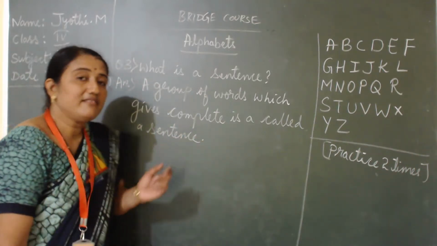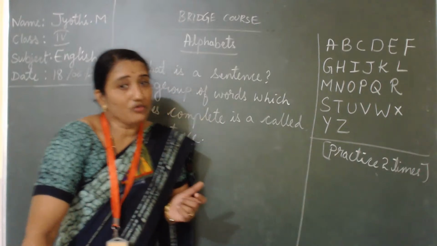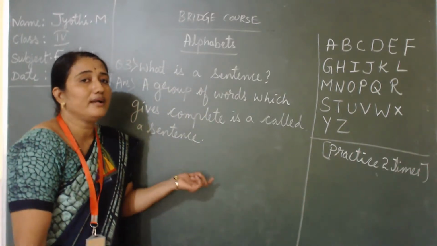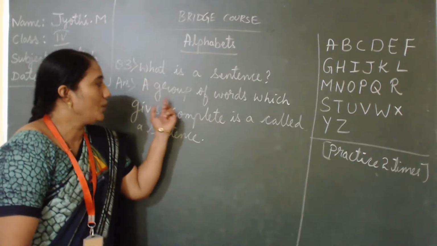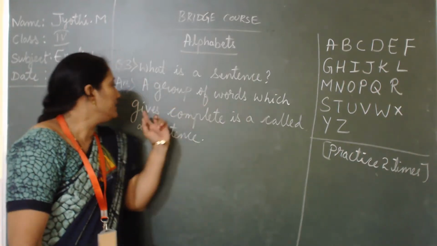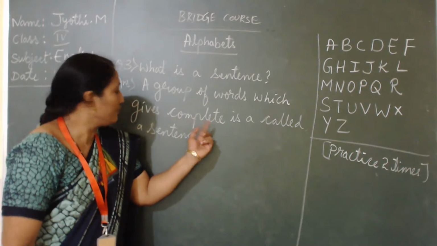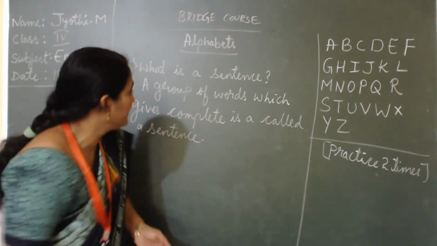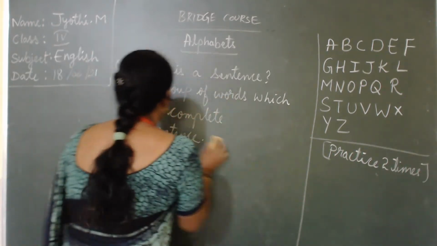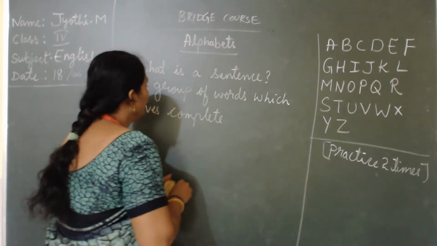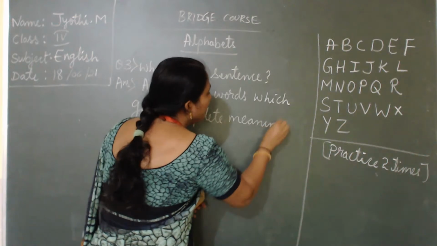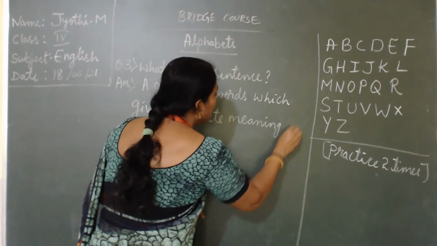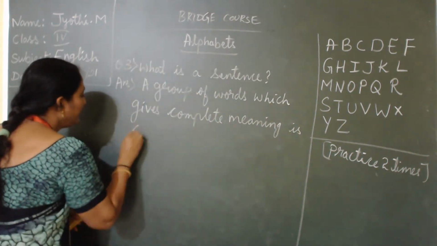See, in a phrase I told you it is also a group of words but does not give the complete meaning. Here a sentence means a group of words which gives complete meaning is called a sentence.